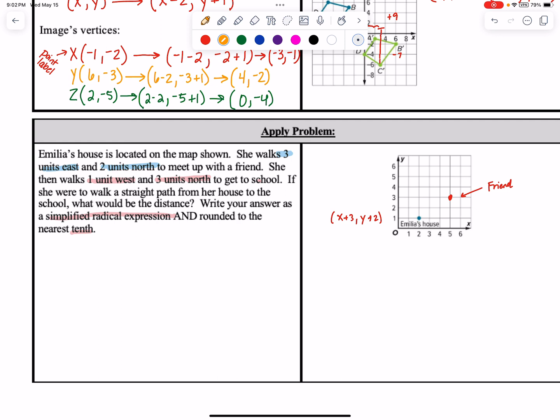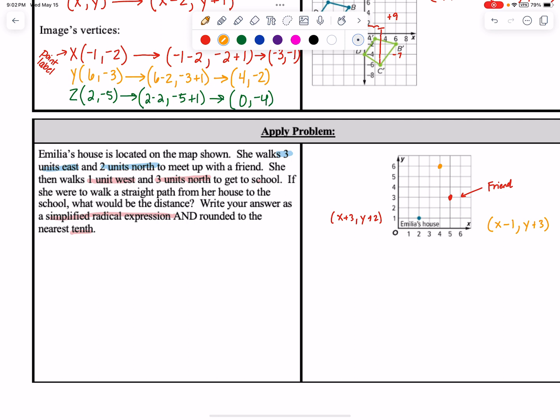Now we're going x, and west is left, so minus 1. And what are we doing with y? Remember, comma in between. 3 units north, so y is going plus 3. So here's my new coordinate notation as I move. Let's make that movement now. X minus 1, so 1 to the left, and up 3, 1, 2, 3.